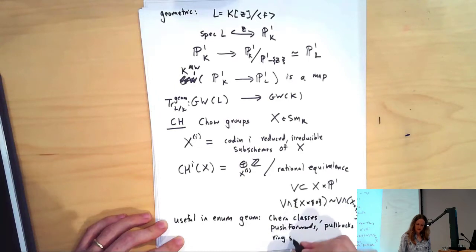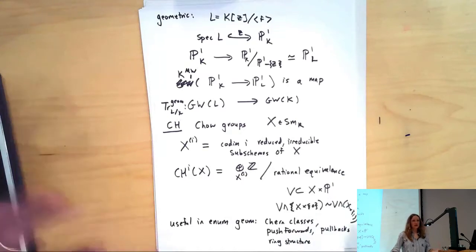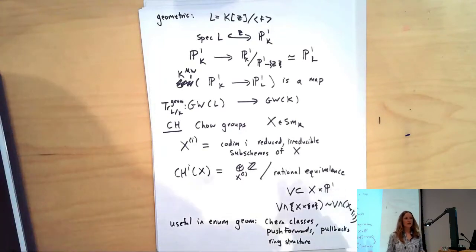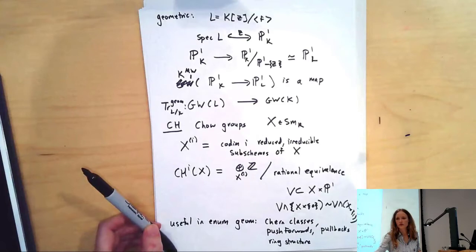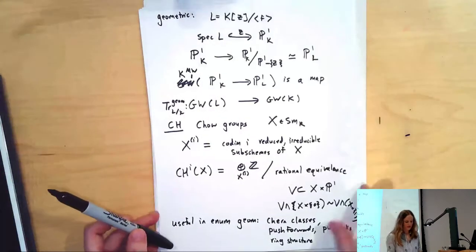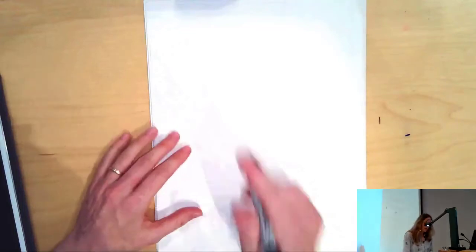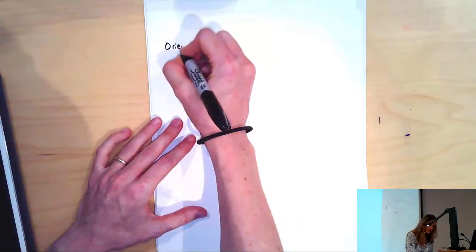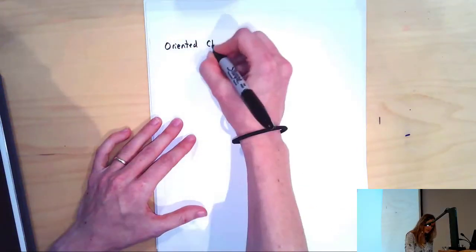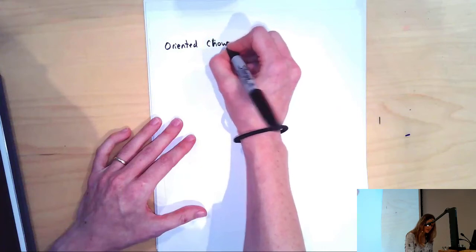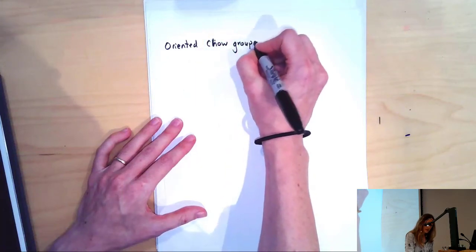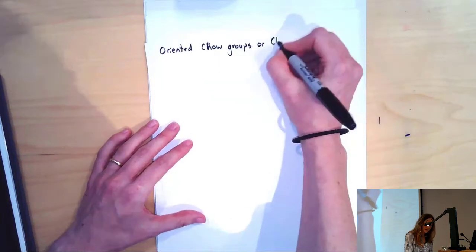And this lets us do ring structure coming from intersections, intersection theory, and get some machinery to help out with enumerative questions. Oriented Chow groups, they're also known as Chow-Witt groups.